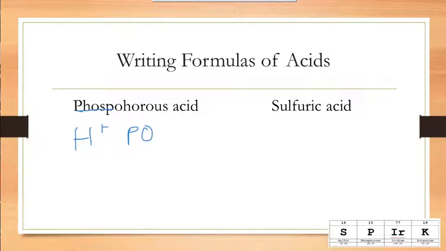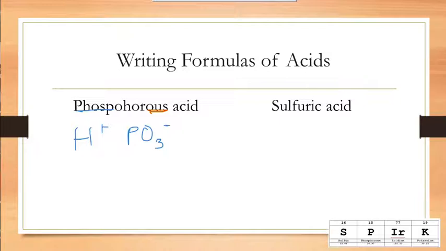Since the ending of our acid is OUS, we're going to follow rule 2, because we should know that ite endings go to ous. So this is going to be PO3 minus, phosphite.